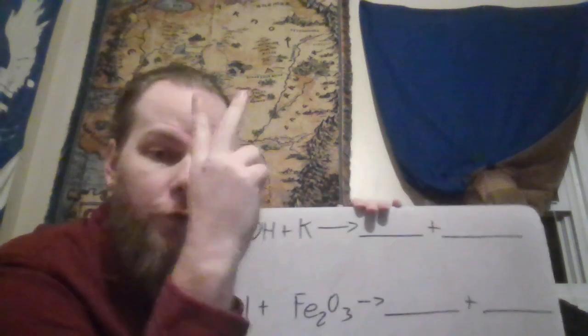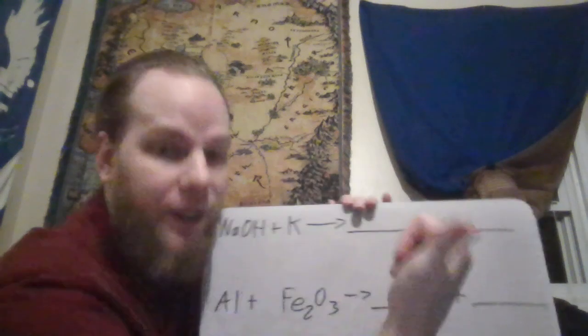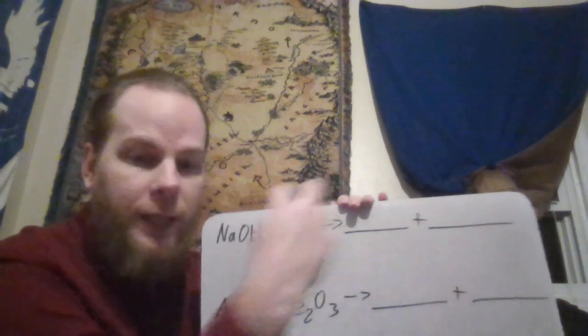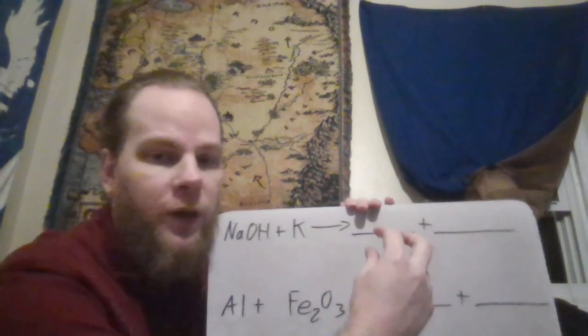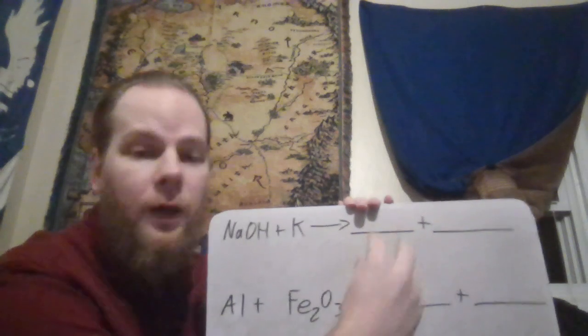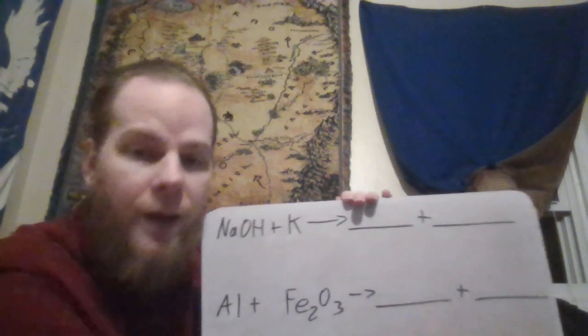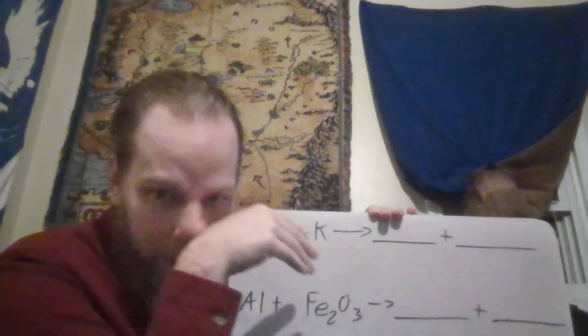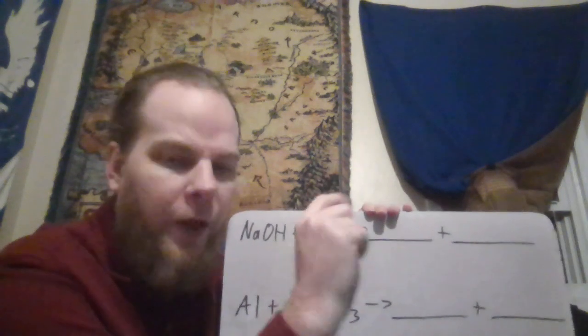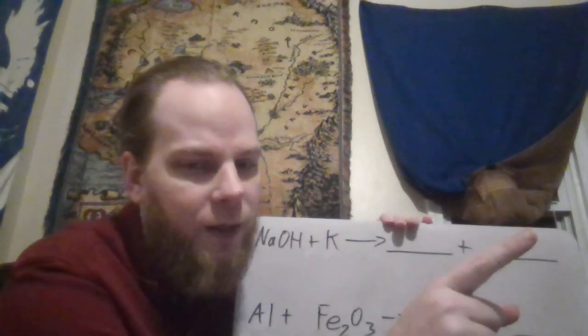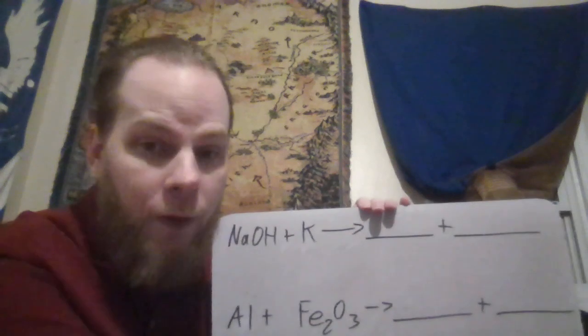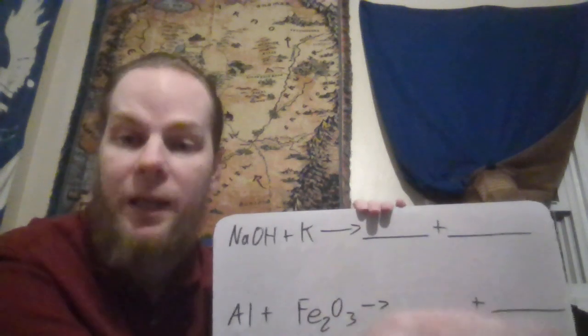Those two compounds trade their anions. The anion from the first compound goes to the second compound, and the anion from the second compound goes to the first compound. Okay, that's all that's happening. But in single replacement, you only have one compound. And so it could be the cation of that compound or the anion of that compound that's getting replaced.